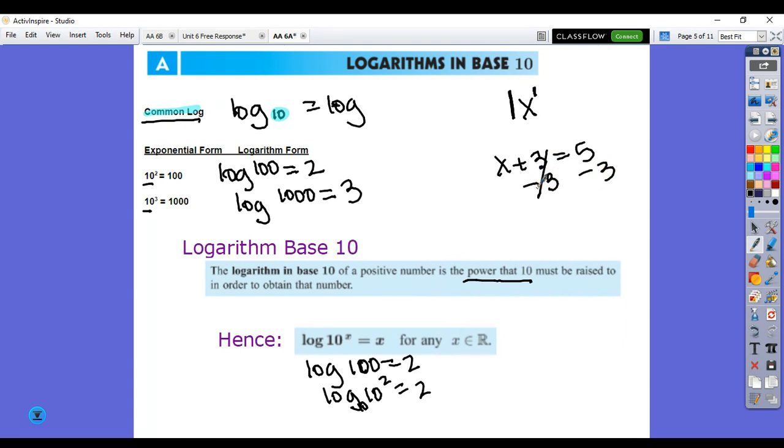We use the inverse to cancel this out to get x by itself. Because the base of the log matches the base exponentially, the logs and exponents are inverses. So log base 10 cancels out the base of 10. That's why this whole thing equals 2.